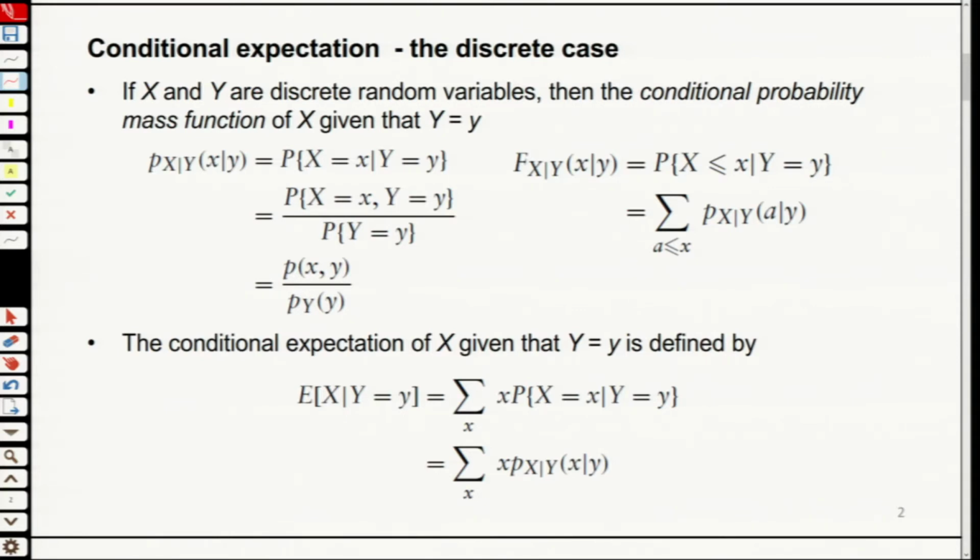So in this way, you write it here: x multiplied by the conditional probability mass function, and you will be able to get the conditional expectation. Again, this is a conditional probability mass function because it's discrete. This is a cumulative conditional probability. This is the conditional expectation given y equals y.